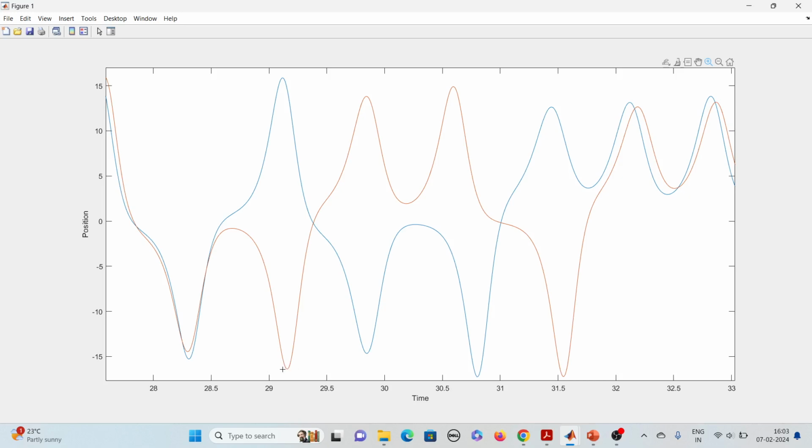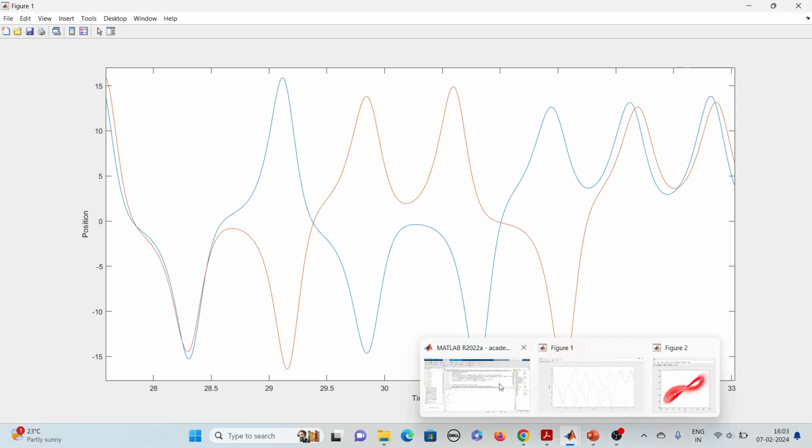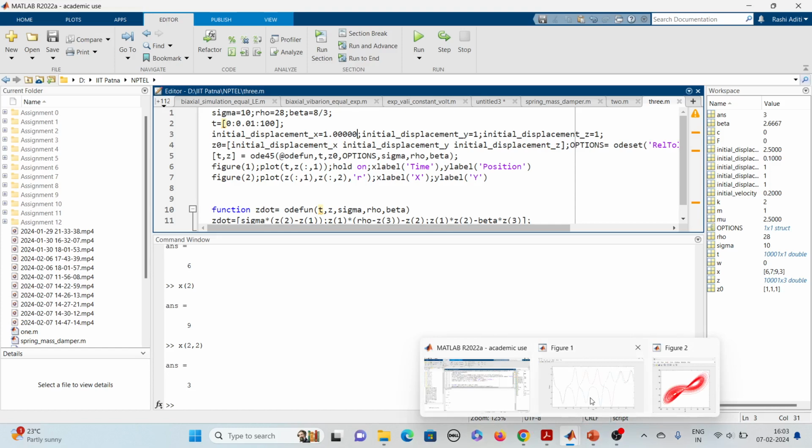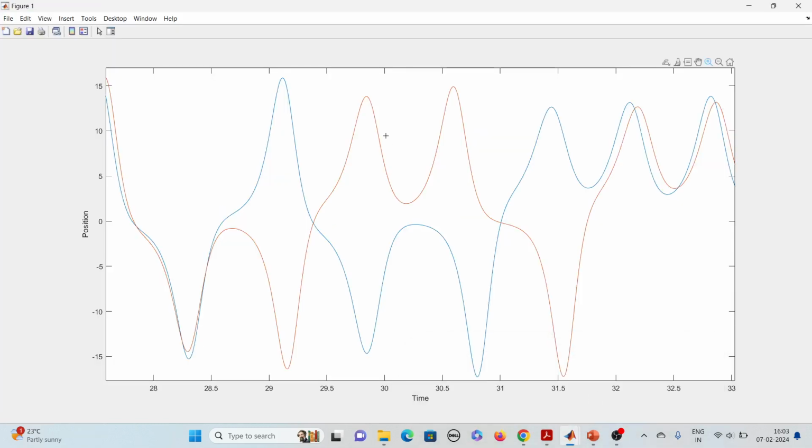So what is happening? Even a small change in the initial condition, you can see where was the change? It was on the 1, 2, 3, 4, 5, sixth decimal place. I added a 1, isn't it? 10 to the power minus 6 was the variation in the initial state, which resulted in such tremendous change in the system behavior, isn't it?